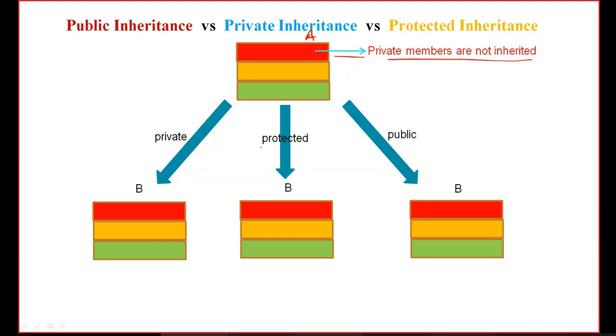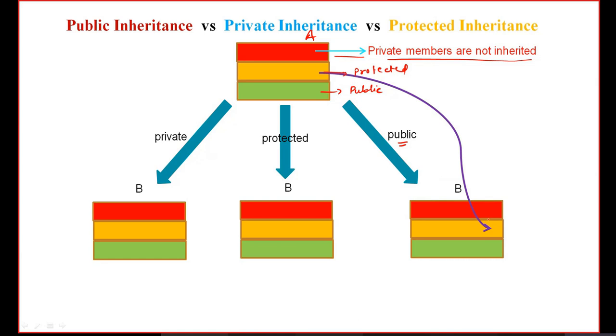Now the question only arises of how the protected members and the public members are inherited into the derived class. Whichever data or member function is protected, if we are doing public inheritance, will be present as protected in my derived class.